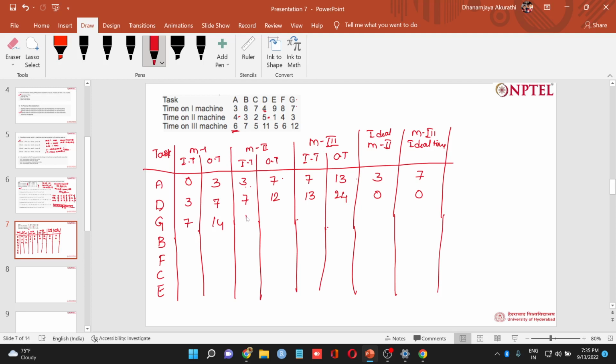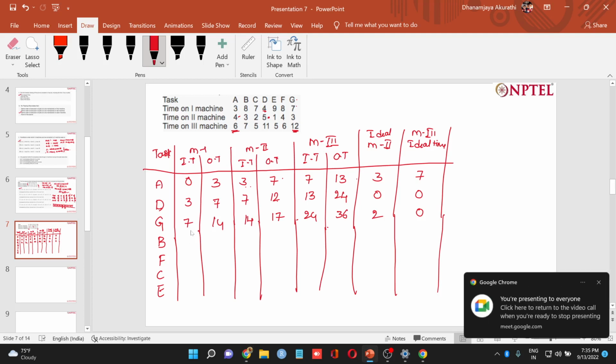And machine 2's in time is 14, out time is 17, and machine 3's is 24 and 36. Here 12, 24 plus 12, 36. And machine 2 has waited for 2 hours, 12 to 14, a difference of 2. So here the idle time is 2, but machine 3's idle time is 0.